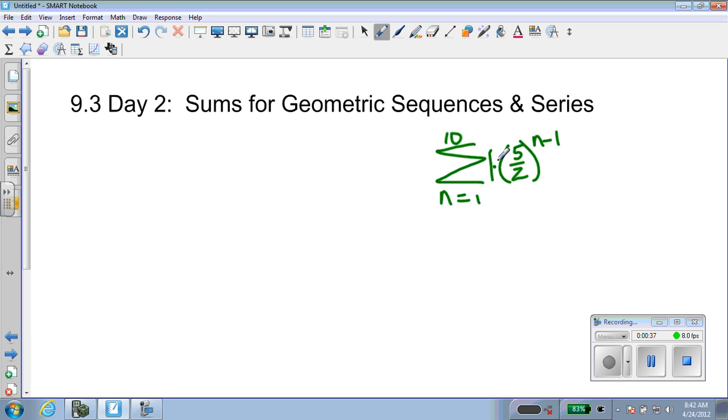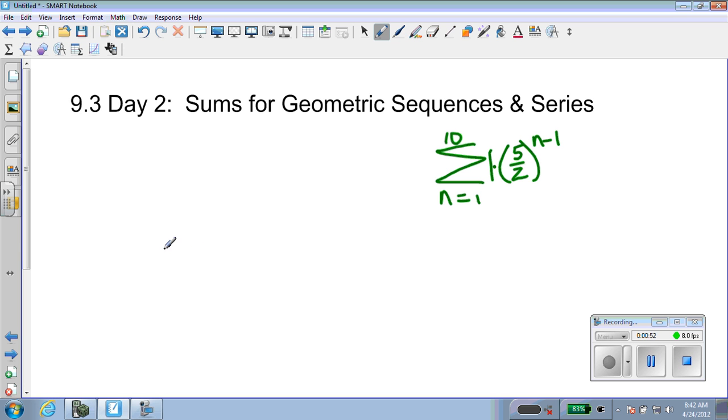Now, the terms are all going to be pretty big, pretty quickly, and so the way that we do this, since you need a calculator anyway, is to use our calculator.